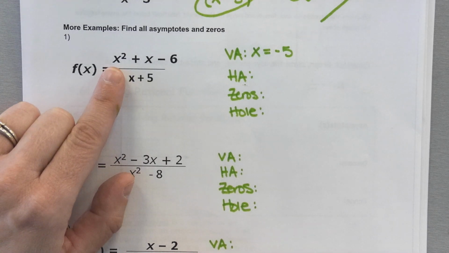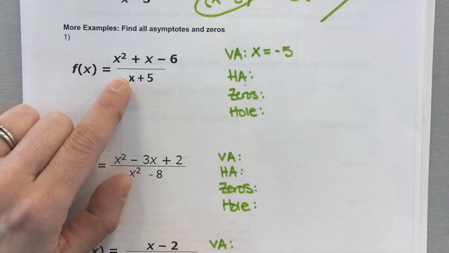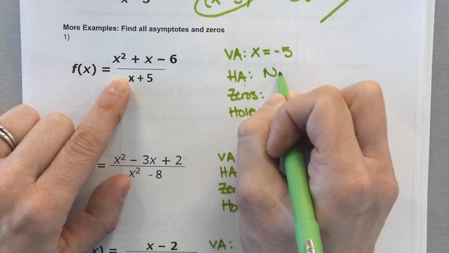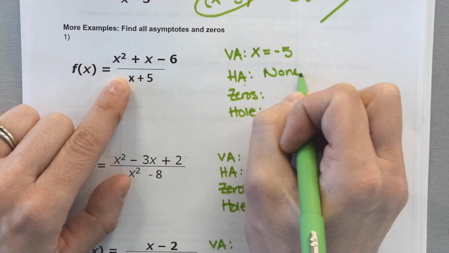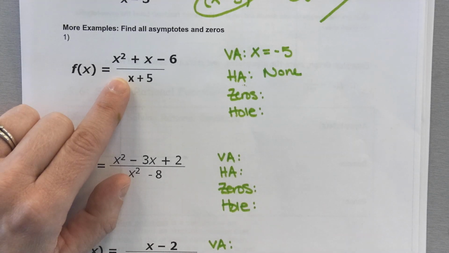Horizontal asymptote was the list of 3 rules. Is the degree of the numerator bigger than the denominator? Yes. So there is no horizontal asymptote. So again, just because we have this list of things doesn't mean each graph is going to have one.